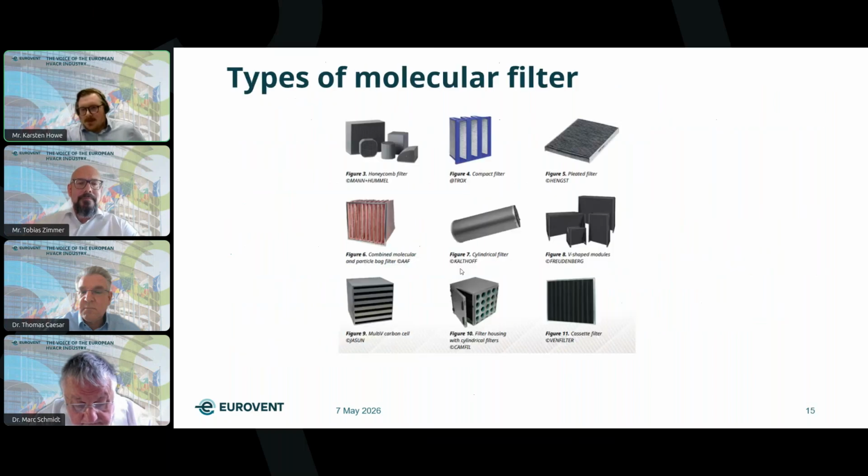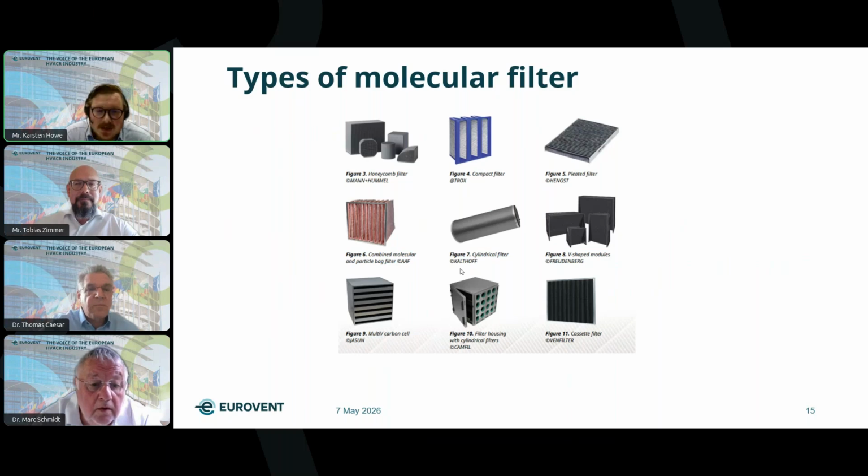Last step, which filter can we use? So which types of filters are on the market, which you can buy from all Eurovent members. We have a wide variety of designs and types. You can see here on the top left the honeycomb filter, which is an activated carbon filter. Then you have the compact filter. That means you have a combined material, a filter media with the activated carbon layer, also with pleated filter.